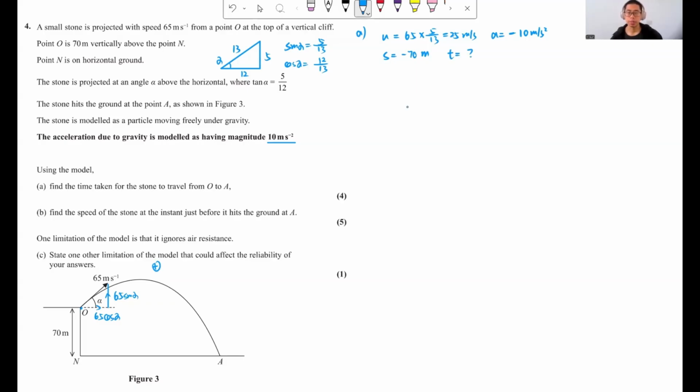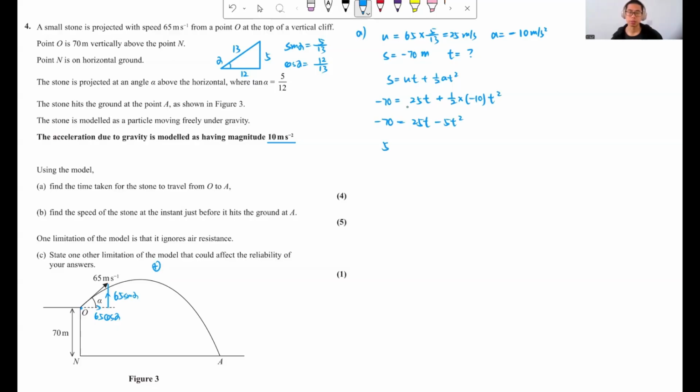If we know s, u and a, and we don't know t, we have to use s equals ut plus half at squared. So u is 25, t is what we're looking for, and s is negative 70, plus half times a, negative 10, times t squared. To simplify, we have negative 70 equals 25t minus 5t squared.